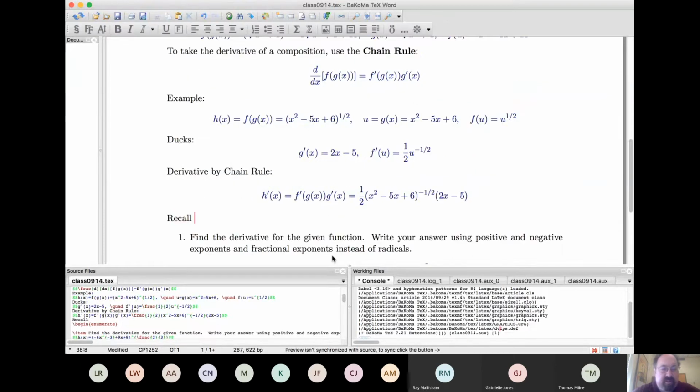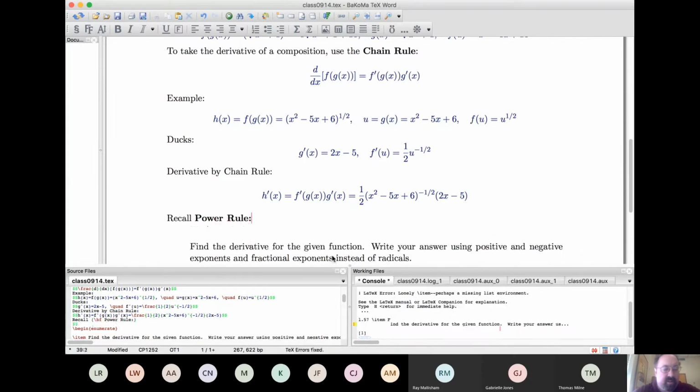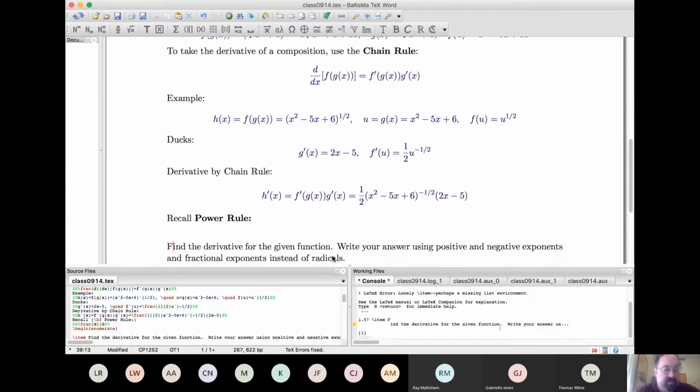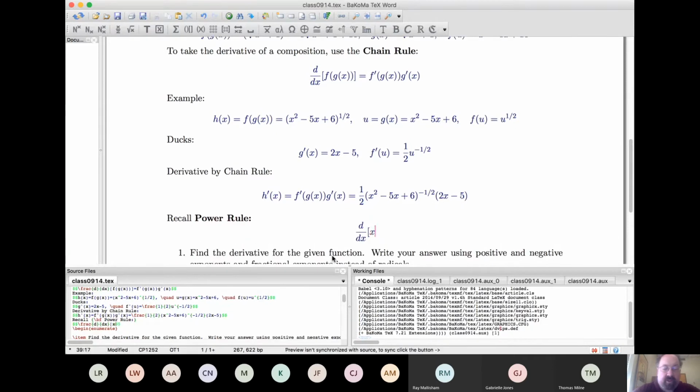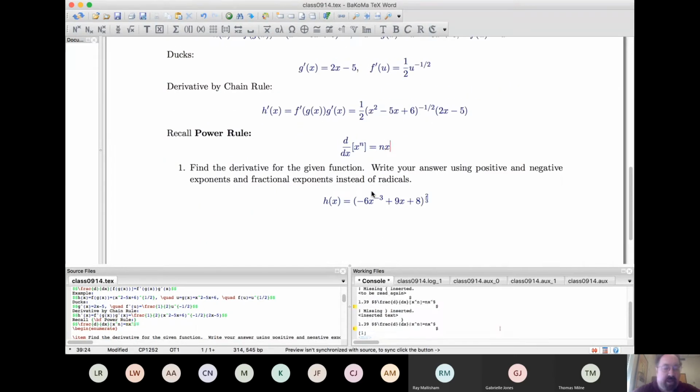So if I review for you the power rule that you've been using, that says that the derivative of x raised to some power is you pull the exponent down, you raise x to a power 1 less, and you're done.